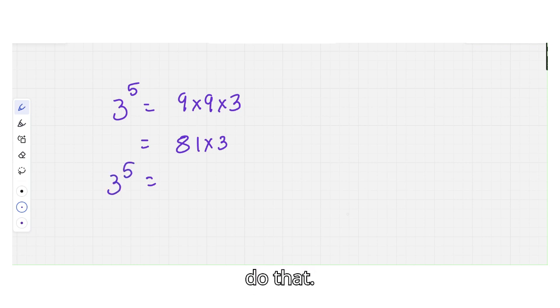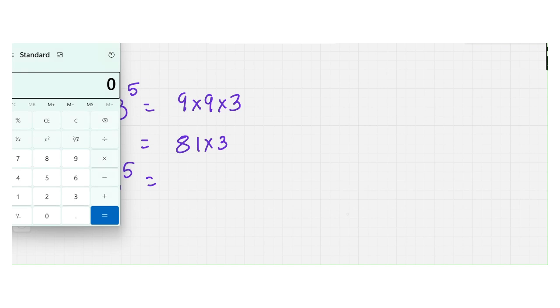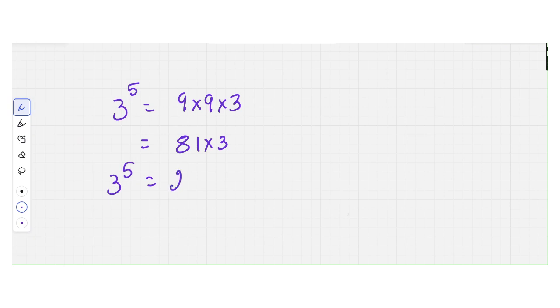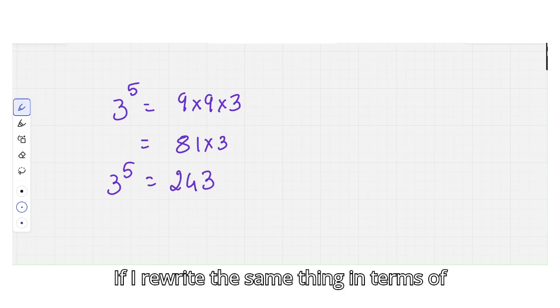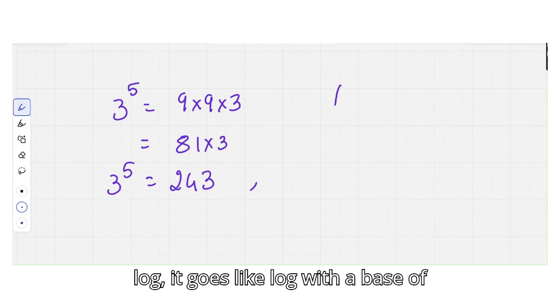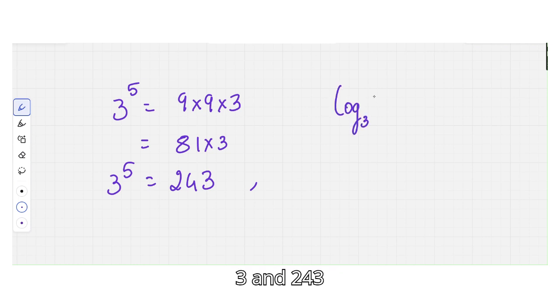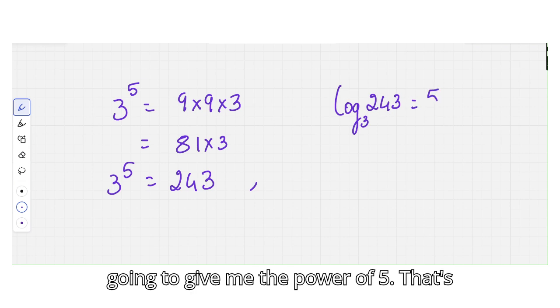Let me quickly do that. 81 times 3 gives me 243. If I rewrite the same thing in terms of log, it goes like log with a base of 3, and 243 gives me the power of 5.